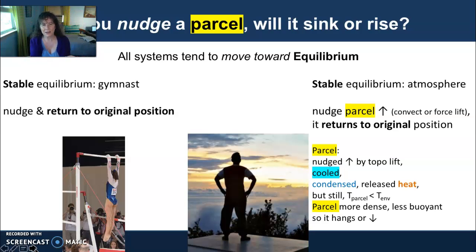And I think you know the answer to that. Even if you forcibly lift that fog, it would sink back down again as soon as the nudge goes away. The reason being that the fog is there because it's cooler than the atmosphere itself and it cannot rise. If you lift it up and nudge it, it's just going to fall right back down again as soon as the nudge is gone. It's less buoyant.